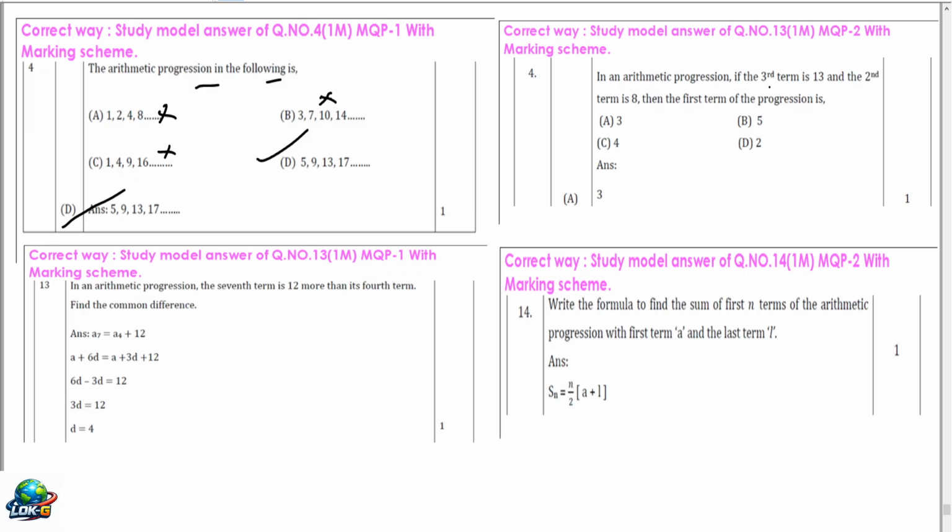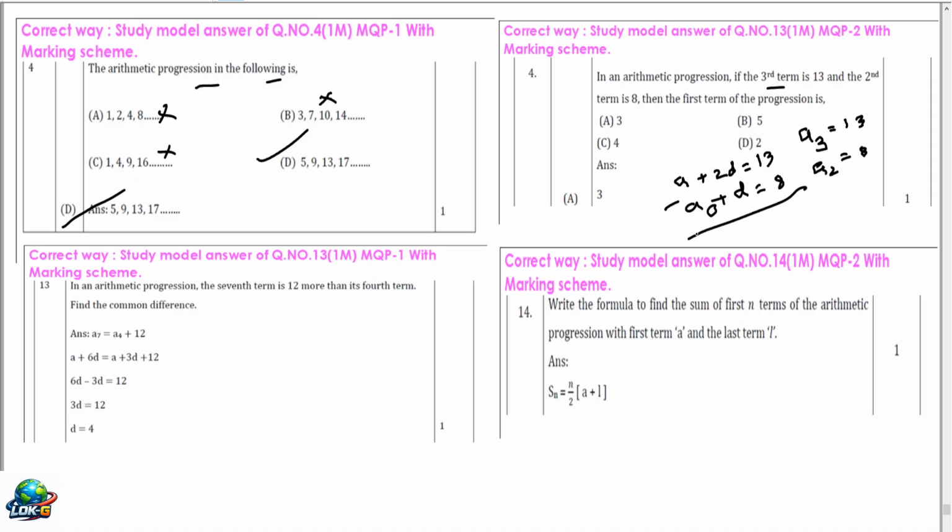Okay, in an arithmetic progression, if the third term is 13 and the second term is 8, then how do you write it? You can write the third term as A plus 2D. Then the first term of the progression is given by: A plus 2D is equal to 13, A plus D is equal to 8.